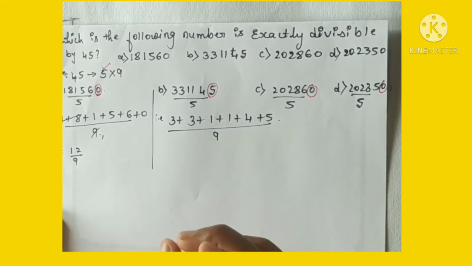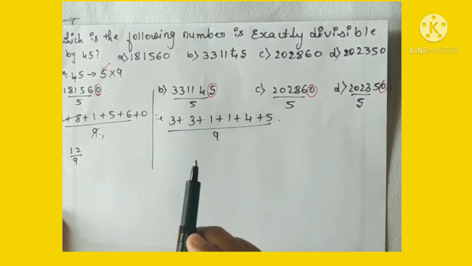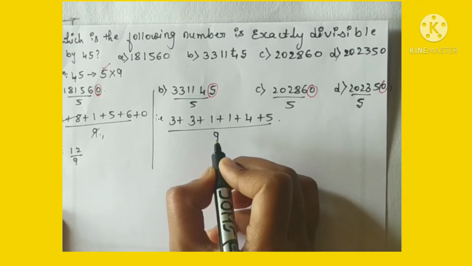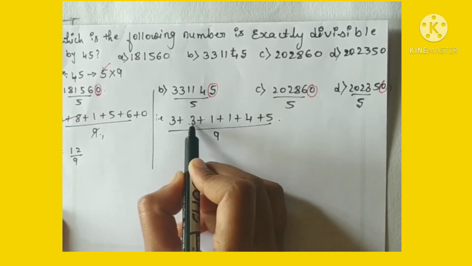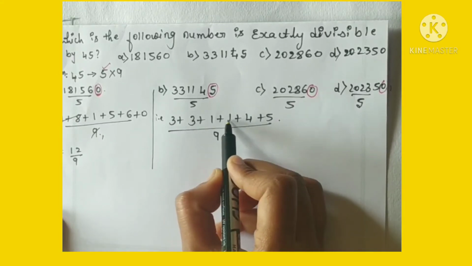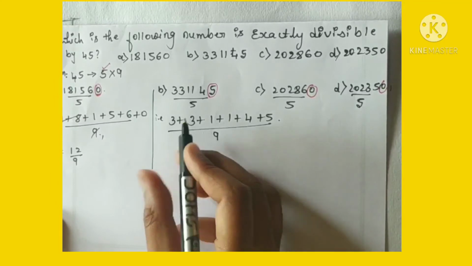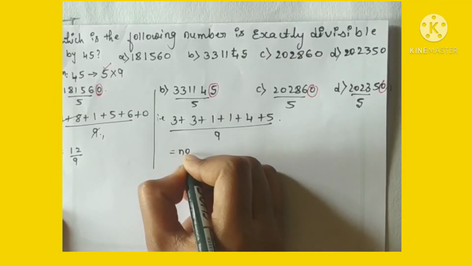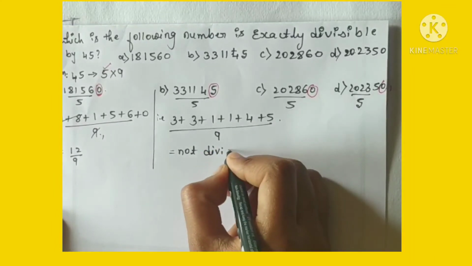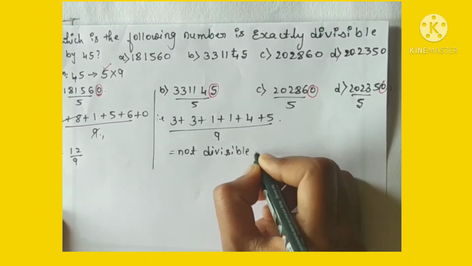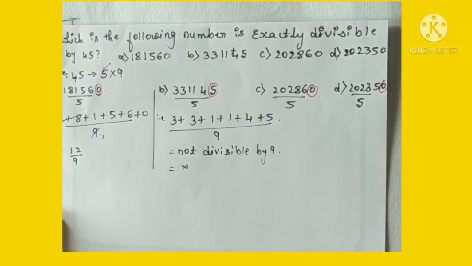Here I just add up: 3 plus 3 is 6, 7, 8, 9, 10, 11, 12, 13, 14. Here also it is not divisible by 9. So it is also not a correct option.